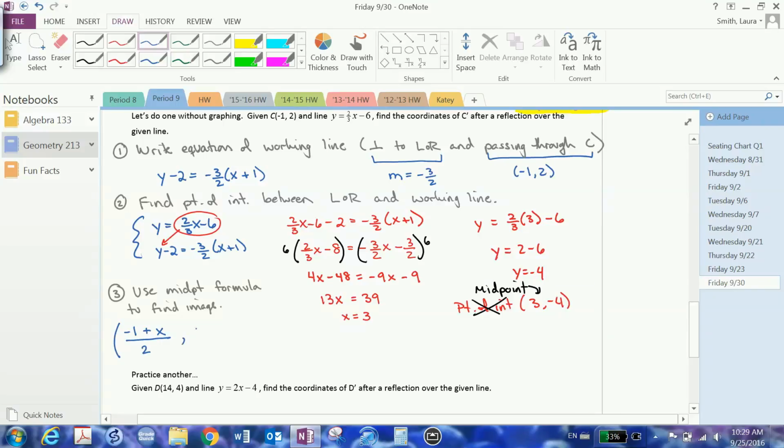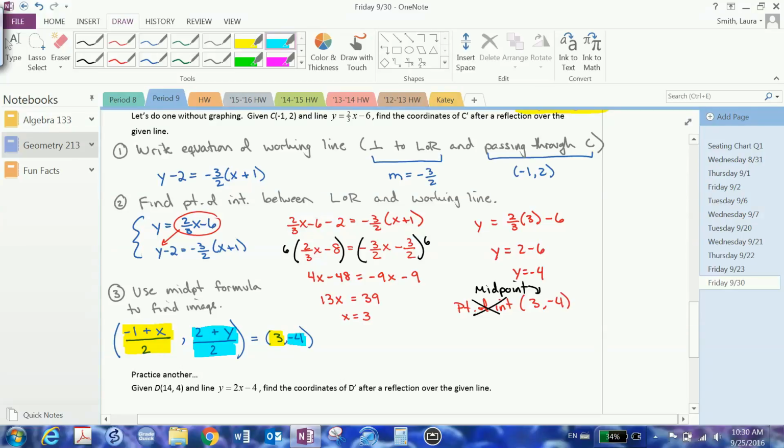And then I've got my y coordinate that I know from C, plus the missing y coordinate, which would be my image y coordinate. And that equals, I know the midpoint. Okay. So this part is going to equal the 3, and this part has got to equal the -4.